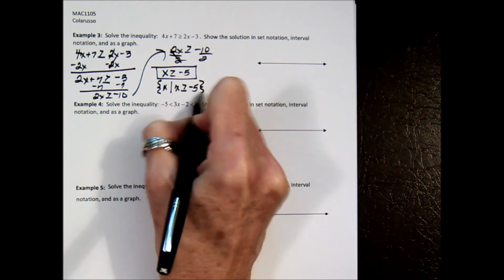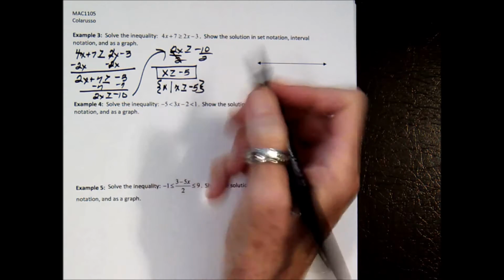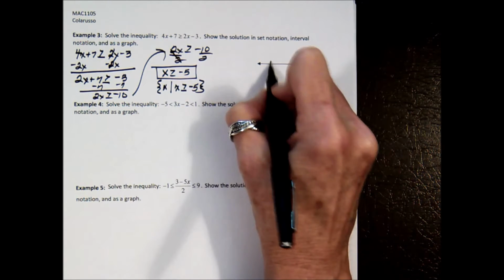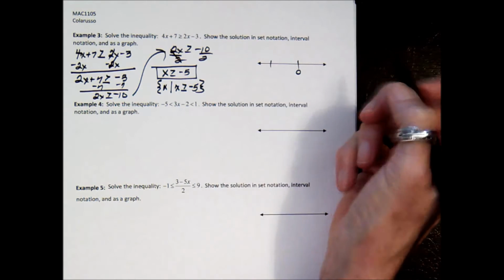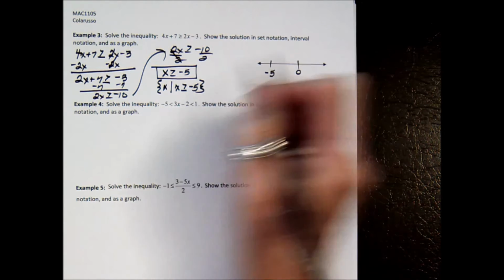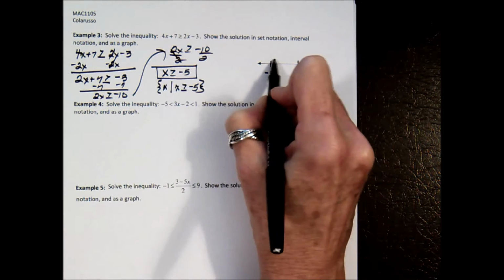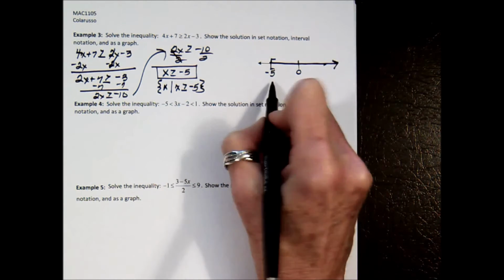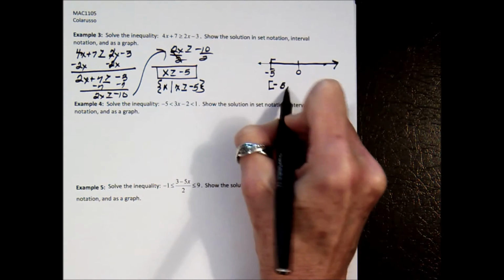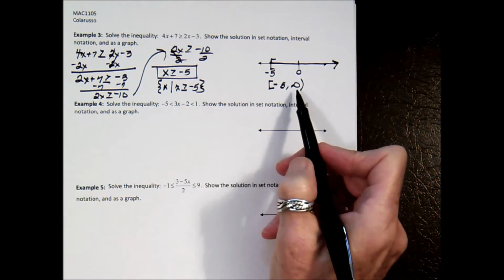So now I've got two of the formats. Now I'm going to put this on a number line. I'll use 0 as my reference point. This is my negative 5. It's greater than or equal to, so it includes, and it goes this direction. And now from here, I can go right underneath and write it as an interval.